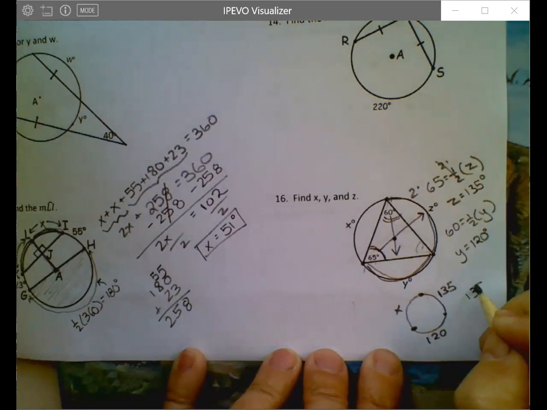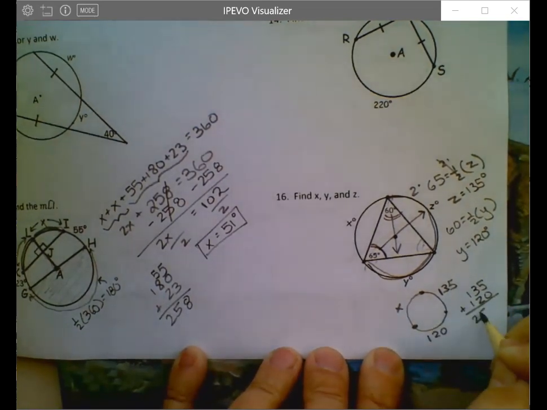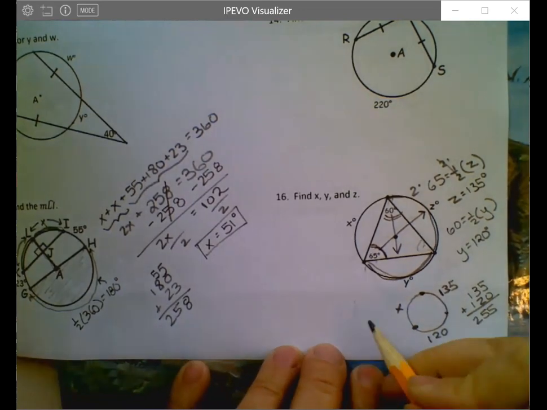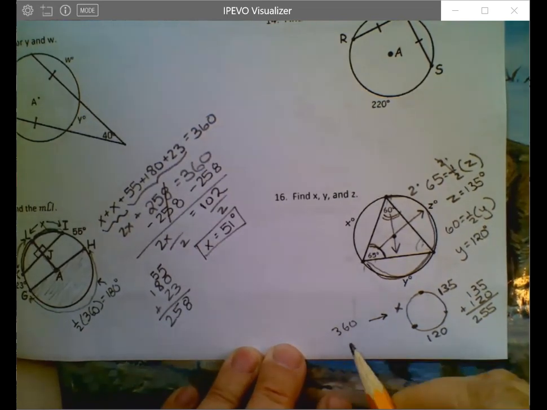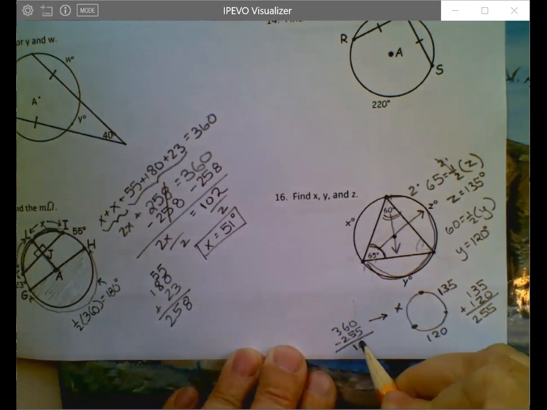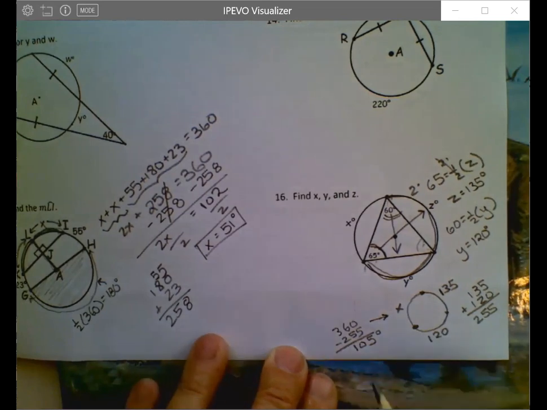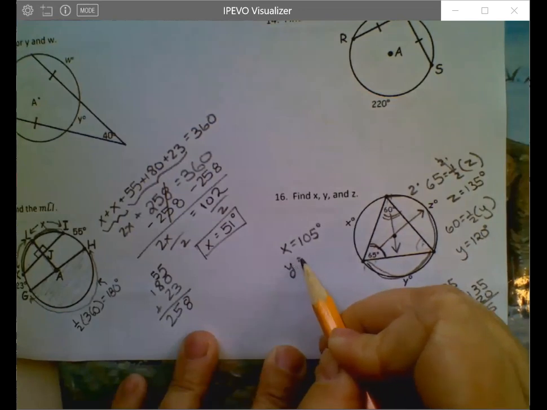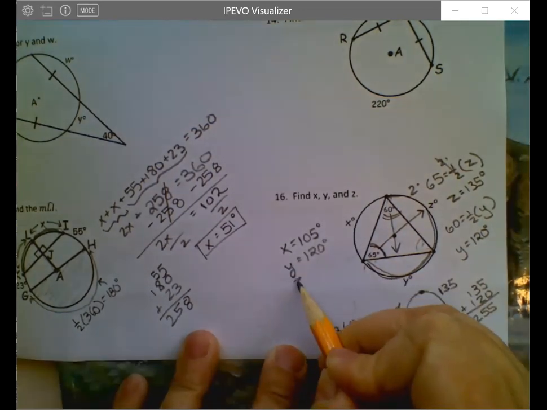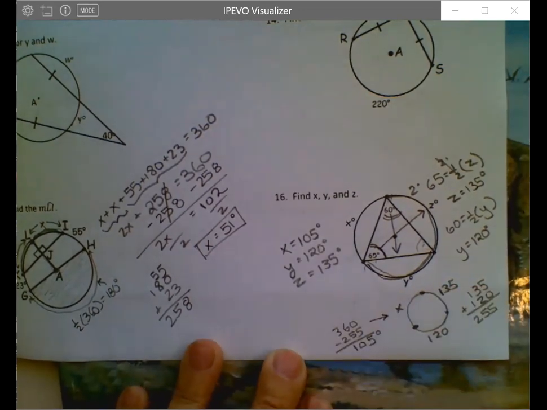So we're going to add up the 2 that we know. That gives me 255. And then we're just going to subtract from 360. And I get that X equals 105 degrees. So X equals 105, Y equals 120, and Z equals 135. All right.